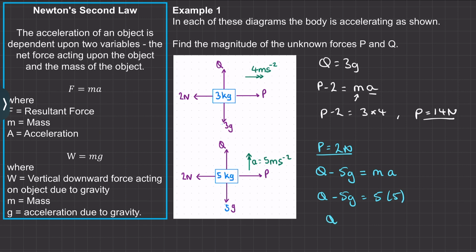So this will give us 25 newtons. And next, we can move this negative 5G to the right side. So Q will be 25 plus 5G newtons, which works out as 74 newtons. Okay? Let's move on to question 2.